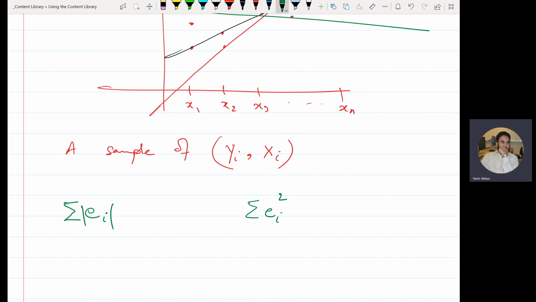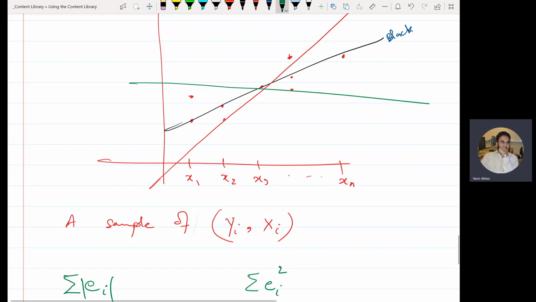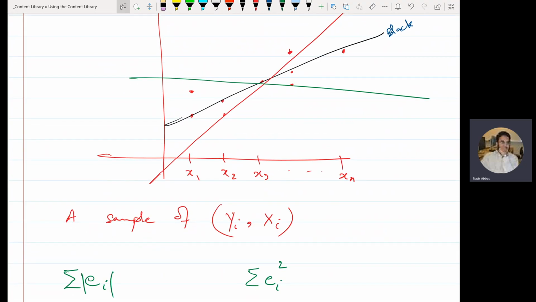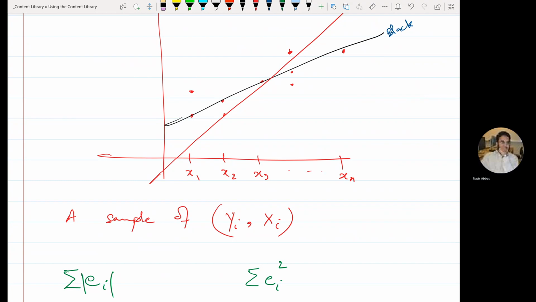Is it the same thing? No. No, I'm not talking about beta 1. I'm talking about the difference between the line and the point. There is a difference between them. Wait. I'll start with the black color, with the black line.